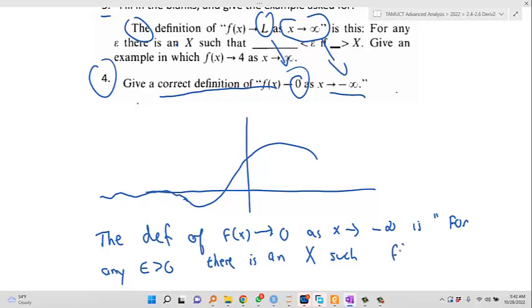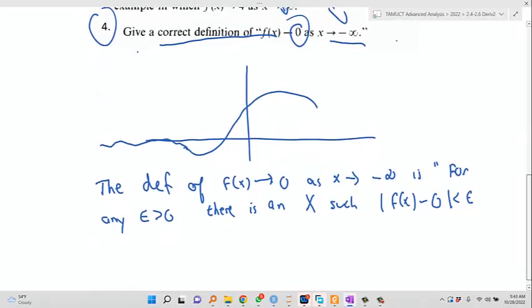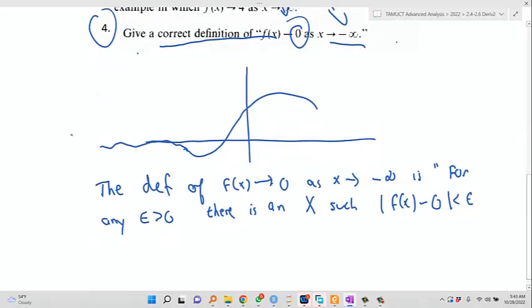So instead of f of x minus L, it's going to be absolute value of f of x minus 0, is less than epsilon. Now here, what are we looking at? We're looking at x goes to minus infinity.